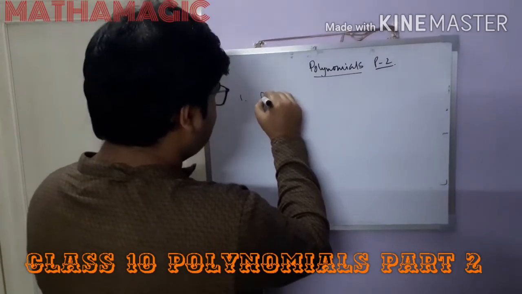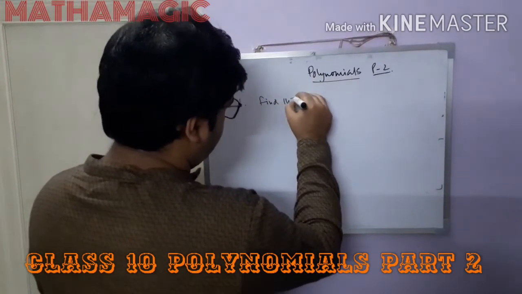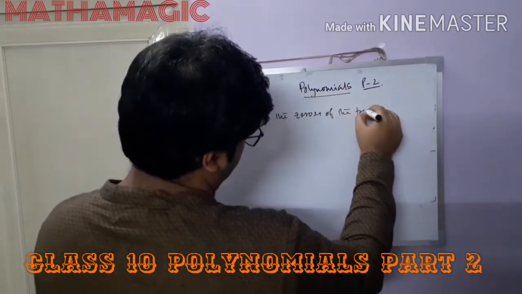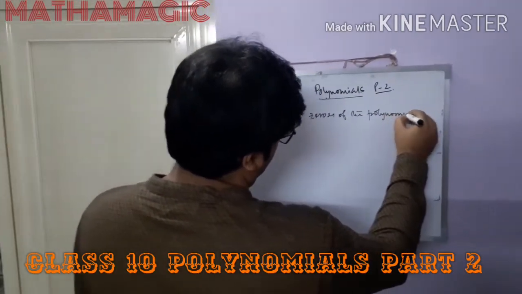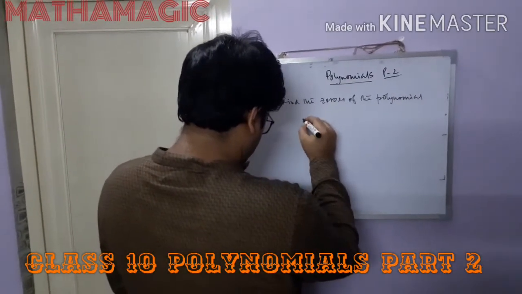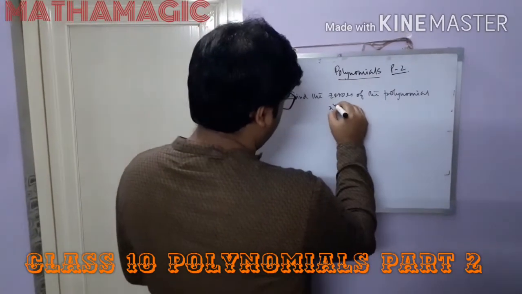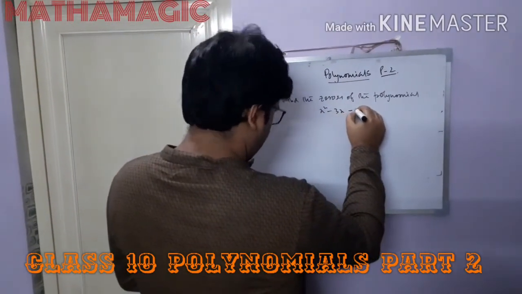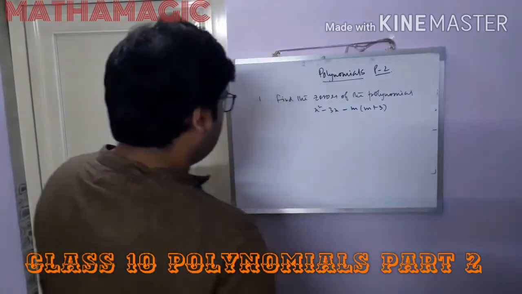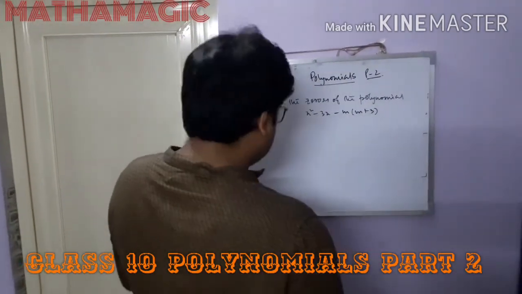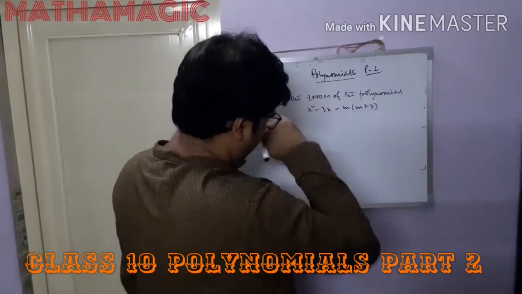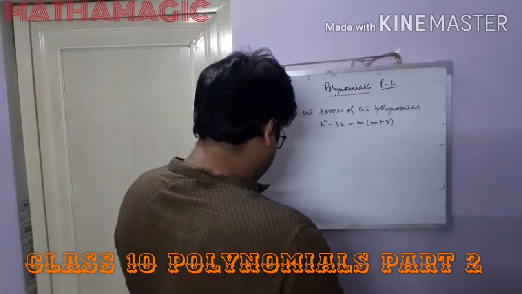We need to find the zeros of the polynomial x square minus 3x minus m into m plus 3. We have to find the zeros of this polynomial.